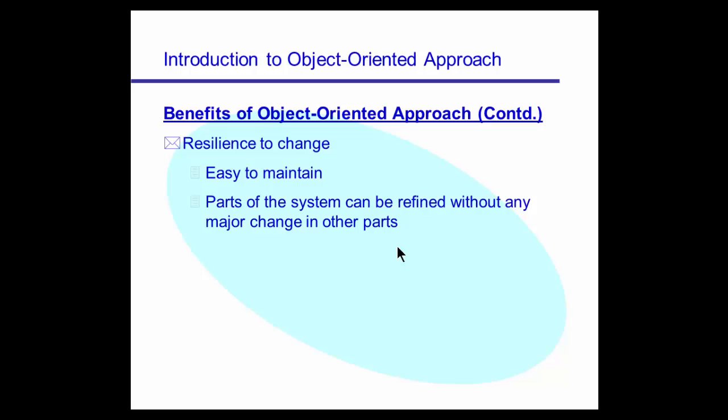For example, if a new project comes forward, you can look back into already existing projects developed using the object oriented approach, redefine that project and recreate a new project without changing many things. With minor changes you can reproduce the same software. That's what resilience to change means.